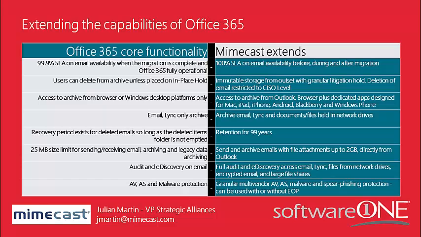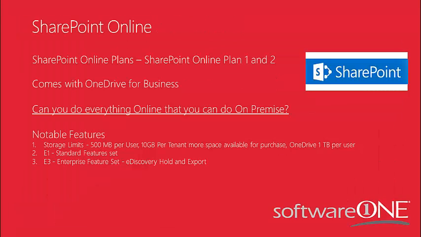So I wanted to make sure that everybody knew that this existed and that it is an approach that you can take to not only ensure availability to your email environment as you move to the cloud, but to just have a warm fuzzy to know that even if you have some hiccups with either your on-premise Exchange environment or Office 365, then Mimecast will enable your users to continue their work, which is the most important component. So thanks, Jules.